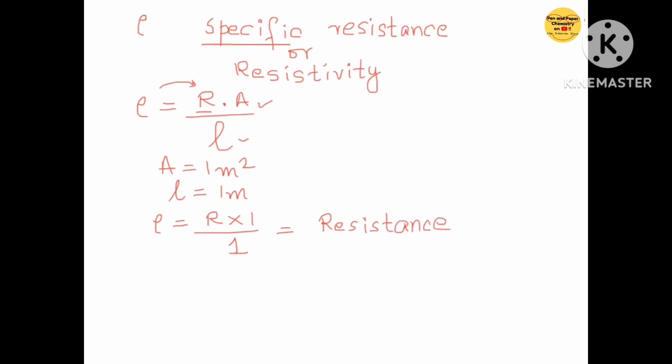So what is the meaning of using the word specific? Earlier we were saying specific. So it is the resistance of a conductor whose length is 1 meter and area is 1 meter square. So rho is equal to R and it is now called resistivity.